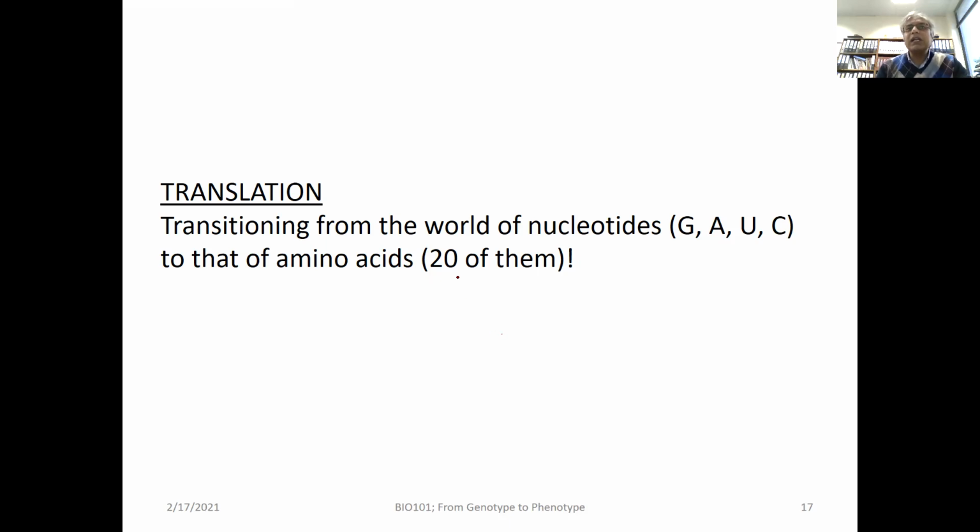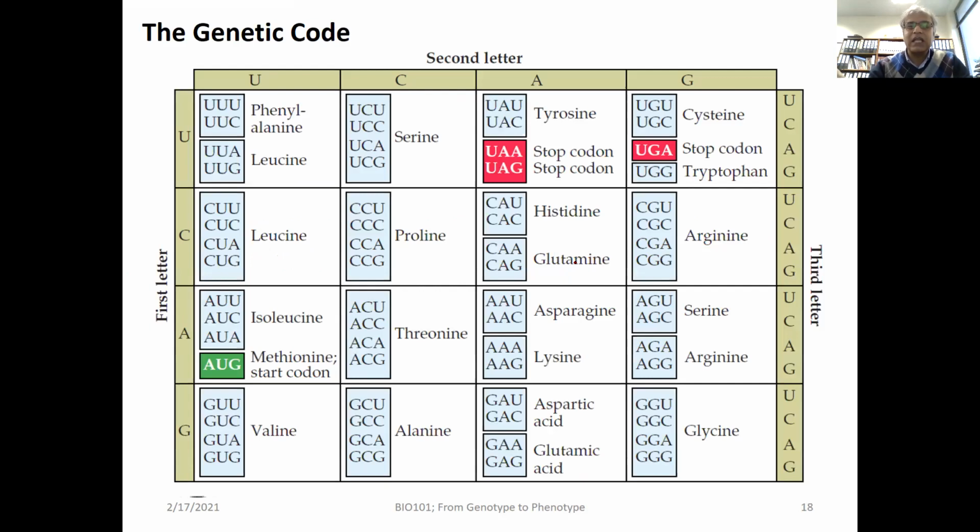There are a maximum of 20 naturally existing amino acids, and all the proteins which are synthesized contain these 20 amino acids. And messenger RNA, which is the world of nucleotides, is to be decoded into these amino acids, which are going to synthesize proteins. Now, this is your genetic code from bacteria to humans.